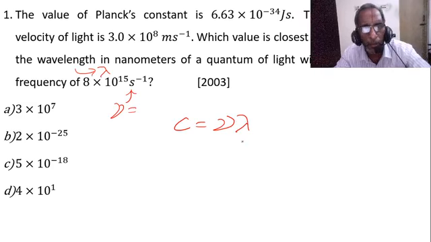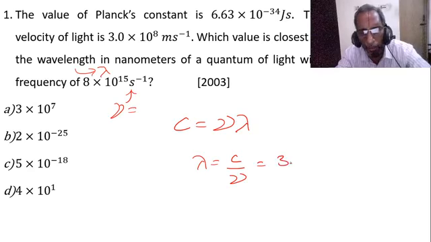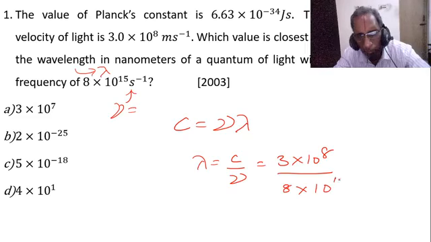So Planck's constant is given, which value is closest to the wavelength in nanometer?